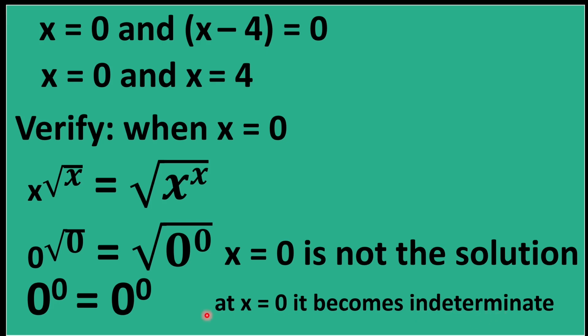So if we are talking about algebra, then x equal to 0 is not the real solution of this equation. So I told you about the two theories. Now it's up to you which theory you consider.